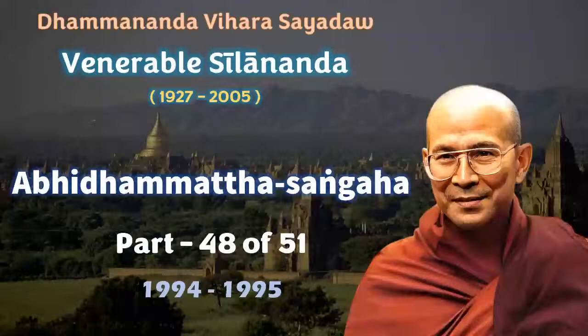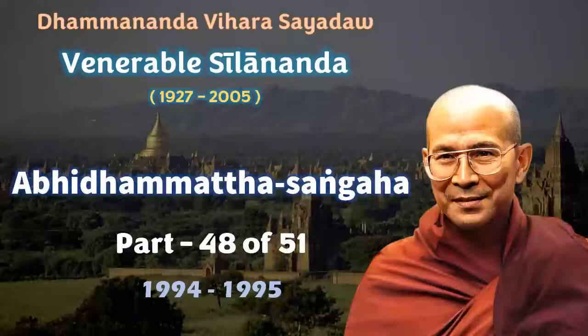Okay. Now we will try to understand how ignorance is related to first formations of merit, and then formations of demerit, and then formations of imperturbable. Now, ignorance to formations of merit.